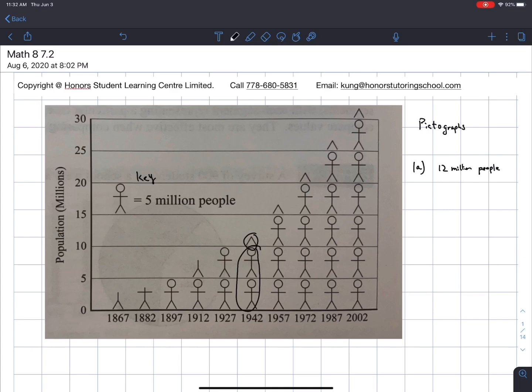What is Canada's average population growth from 1867 to 1897? The population growth is 5 million minus 3 million, divided by 2, since 2 years has passed from 1867 to 1897.